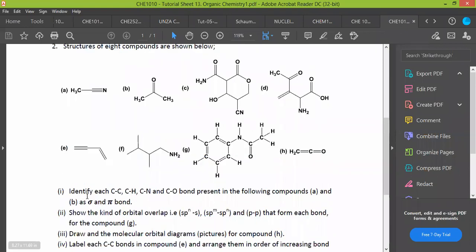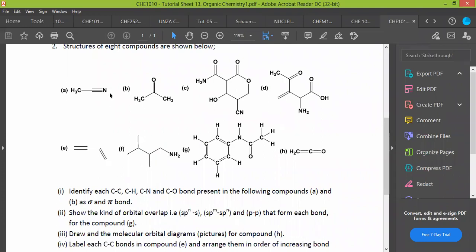Okay, so we are dealing with structure A and B for now. Identify each CC and CH as a sigma or a pi bond. So I start with this one. What you're going to do is this CH3 here, you are not going to write it like that.